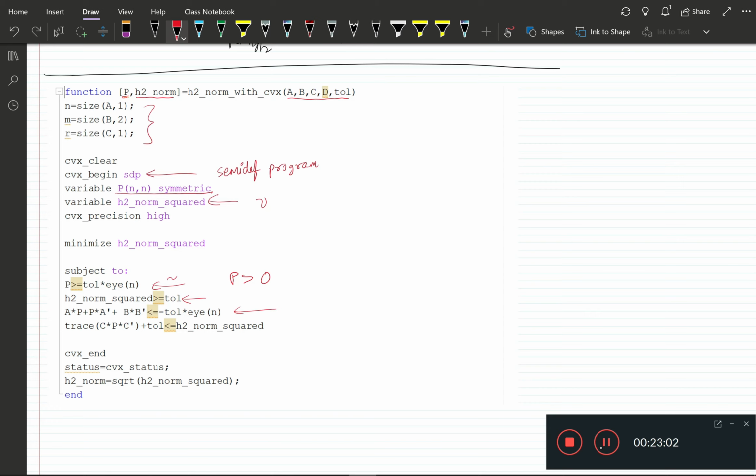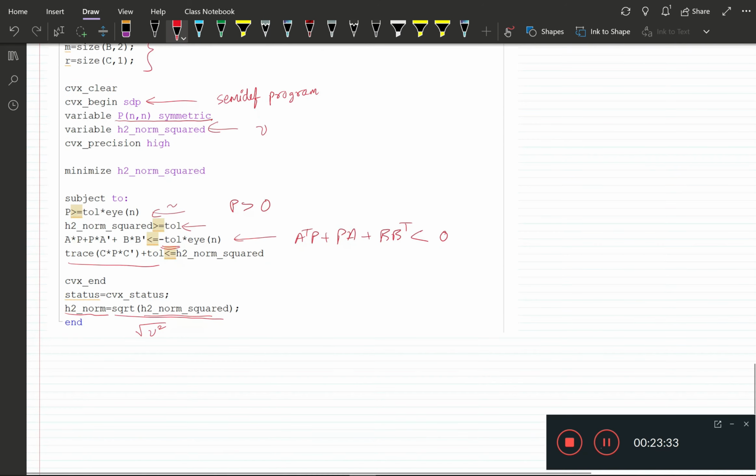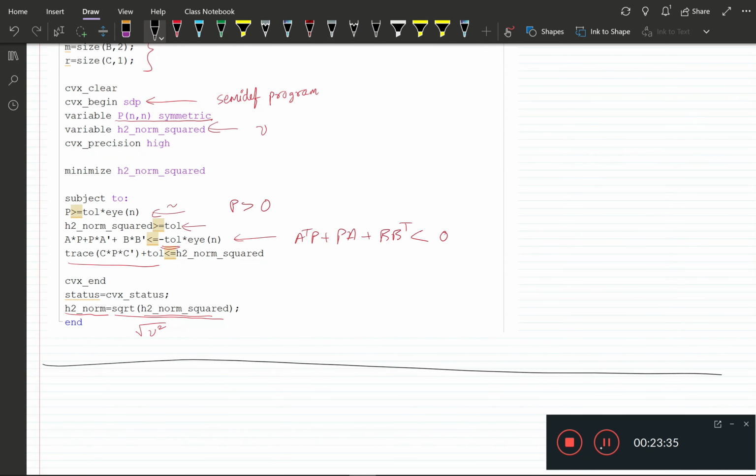And then we have A^T P plus P A plus P B transposed negative definite, and the relaxed version of this one, and then the trace being less than nu squared, and then we return the square root of nu squared as the H2 norm. Yes, and I think that's it for this problem. Thanks a lot.